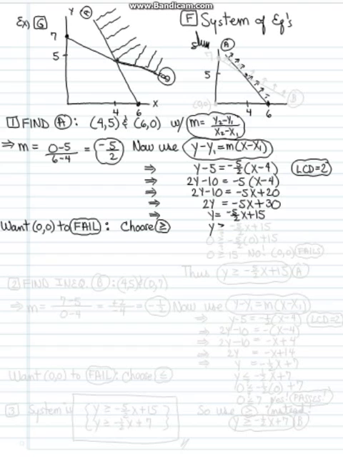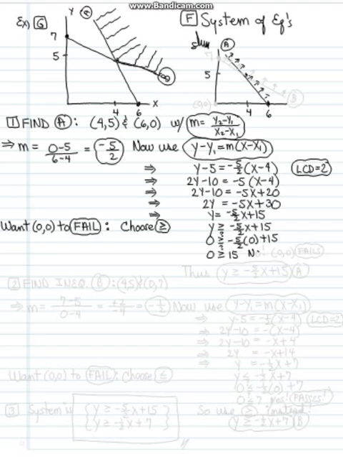So y greater than or equal to negative 5 halves times x plus 15. Plug in 0, 0: is 0 greater than or equal to negative 5 halves times 0 plus 15? In other words, is 0 greater than or equal to 15?